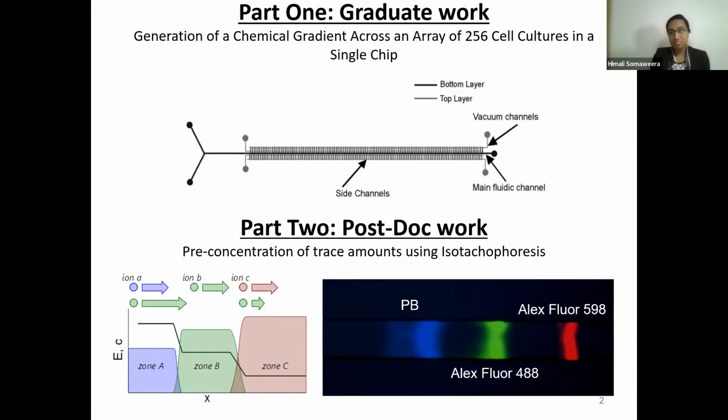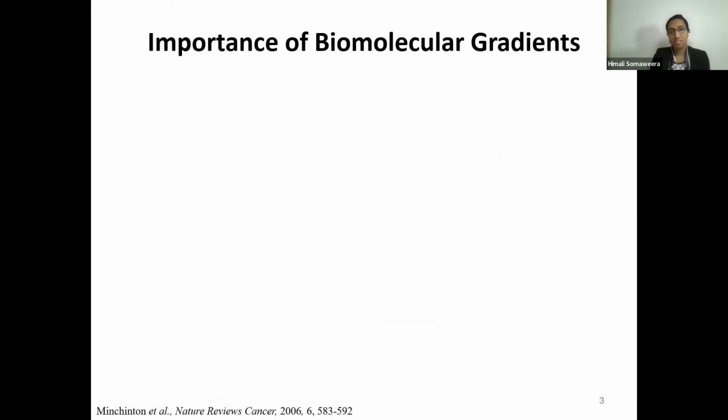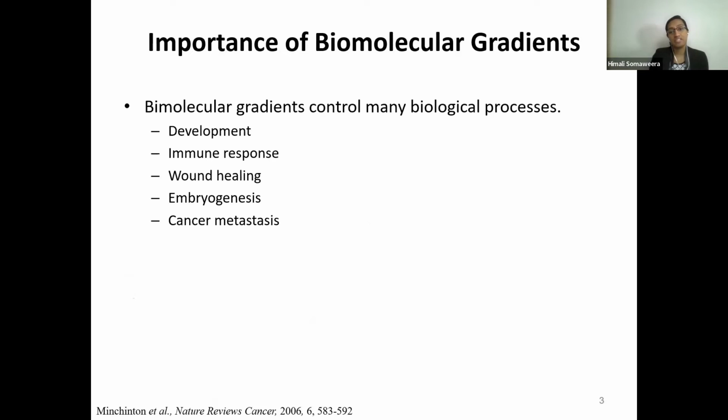So in my graduate studies, since I focused on gradient generation, a bit of background about why biomolecular gradients are important: they're always important in development, immune response, wound healing, embryogenesis, and also cancer metastasis, in most of the biological processes in our body.